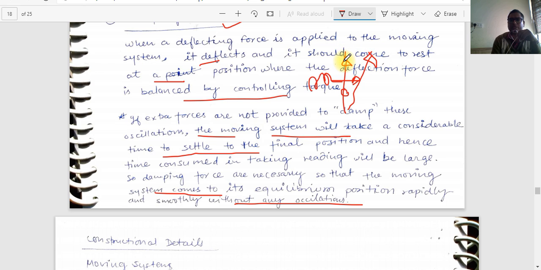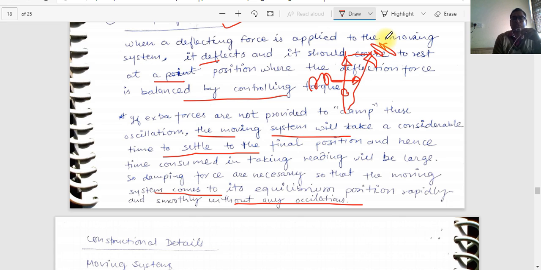Initially it is at rest. When the deflection force is applied, it moves. According to the deflection force, the controlling force releases the pointer. If there is no damping force, this spindle or pointer will make oscillations. After some time it will settle in its position.